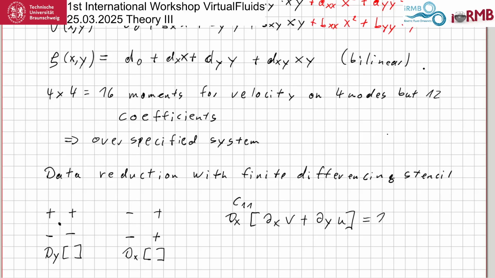What drops out of this is 2 times bxx plus axy. Then we apply dy onto the same thing, dxv plus dyu, which gives us bxy plus ayy.